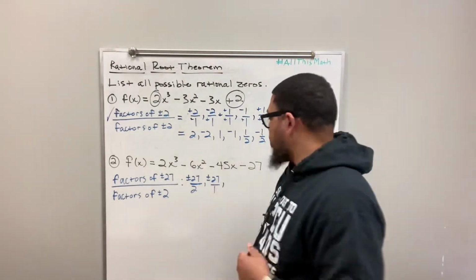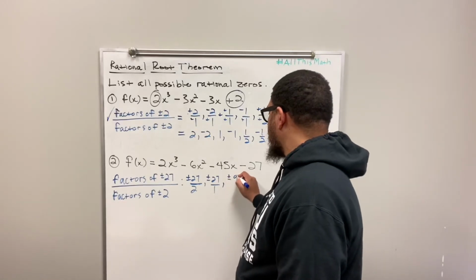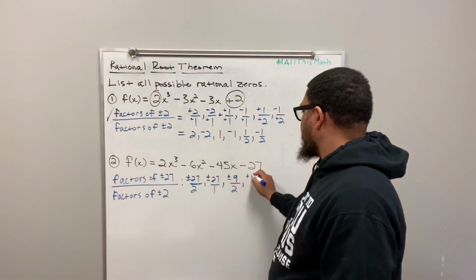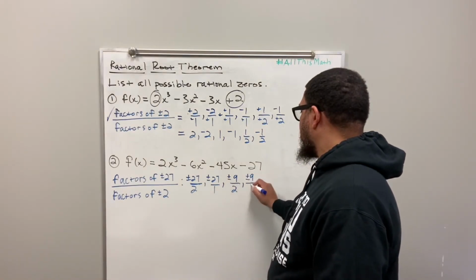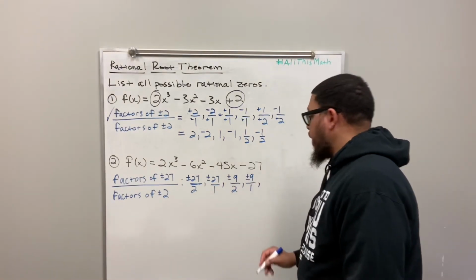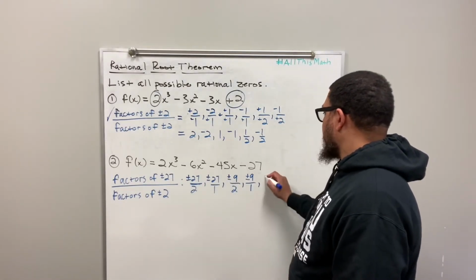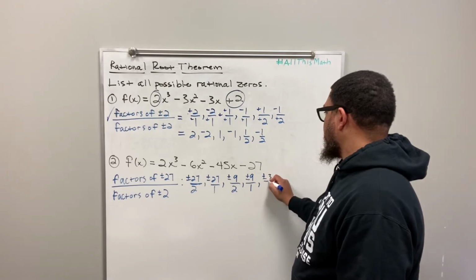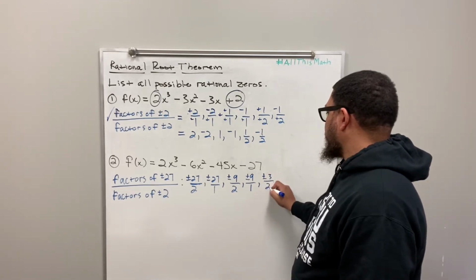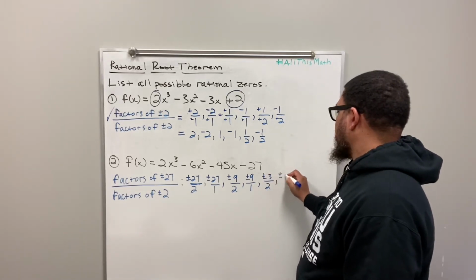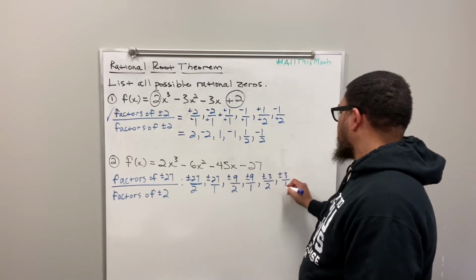So then I'm going to use plus or minus 9 over 2, and plus or minus 9 over 1. And I also know that 3 is a factor of 27, right? So plus or minus 3 over 2, and plus or minus 3 over 1.